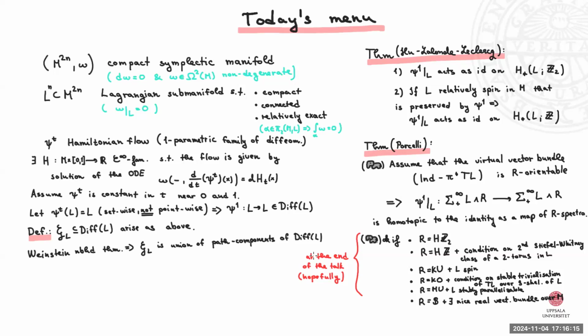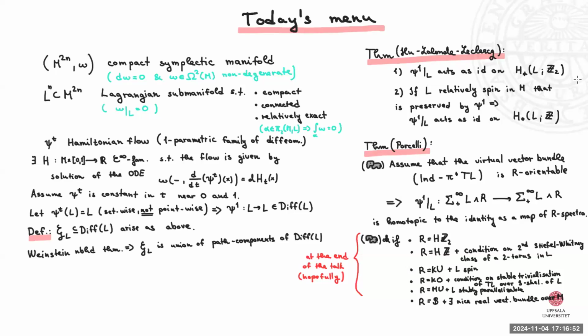Okay, so this is not an obscure question that no one would care about. This is a question a lot of people were asking, for example Roux, Lalonde, and Leclerc, and they were able to prove the following. If you have Z2 coefficients, so you don't care about any orientation, it actually acts as an identity on the homology of the Lagrangian.